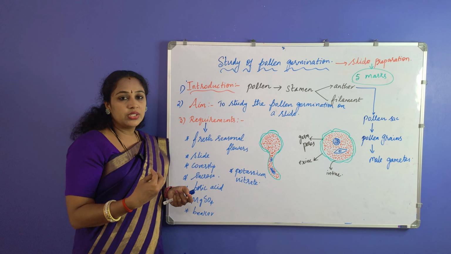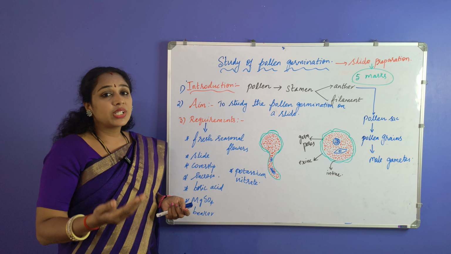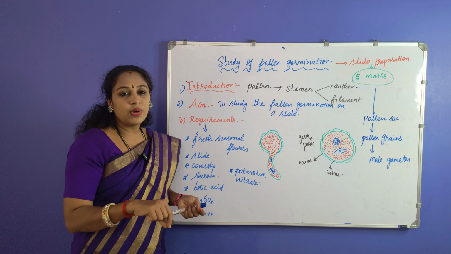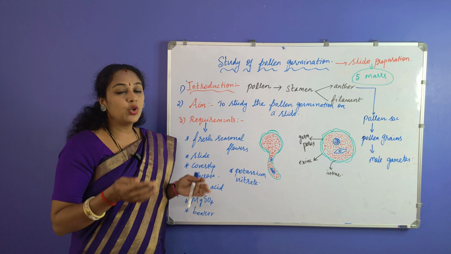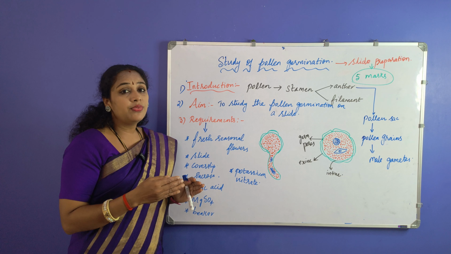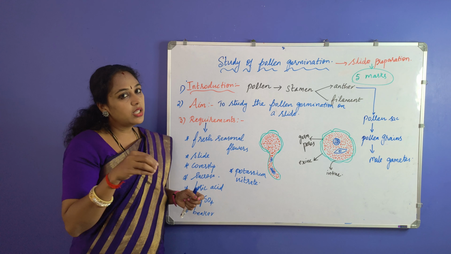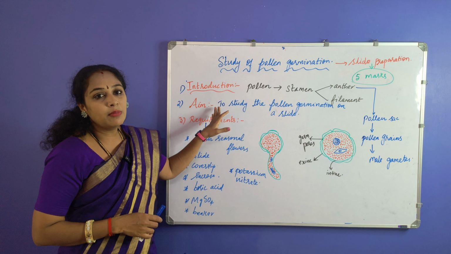We take seasonal flowers which are freshly plucked, because as time passes the pollens will not be viable. Only if they are viable, and when you provide the nutrient medium, will the germination process take place. So you pluck the flower and immediately place it in the nutrient solution and follow the procedure. So this is about the introduction, and what is the aim of the experiment?